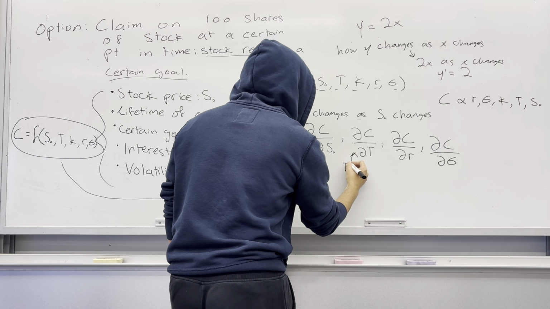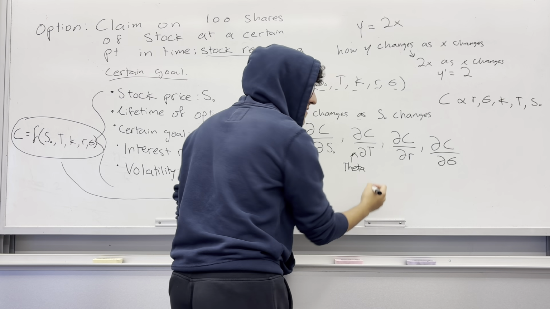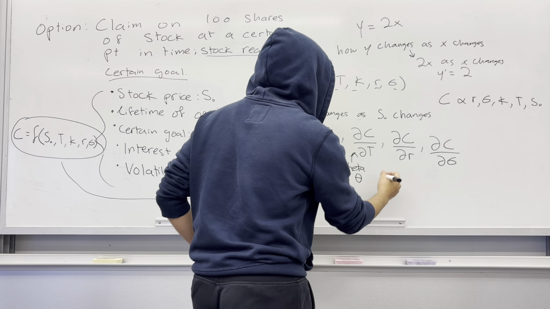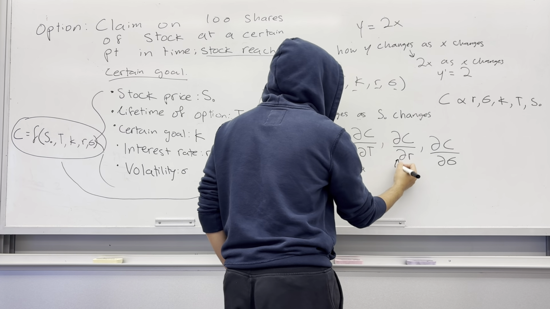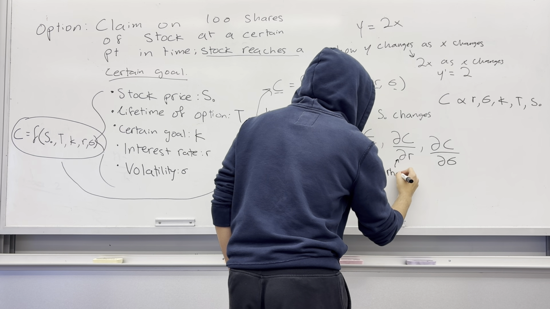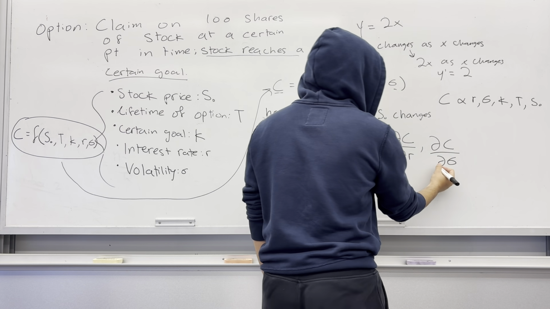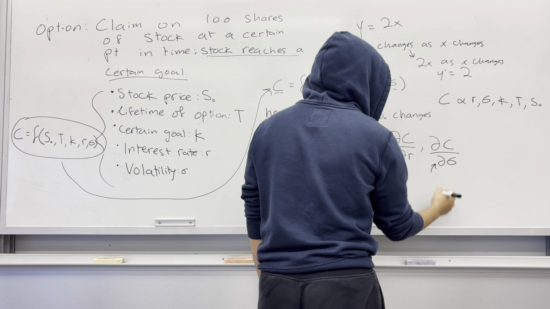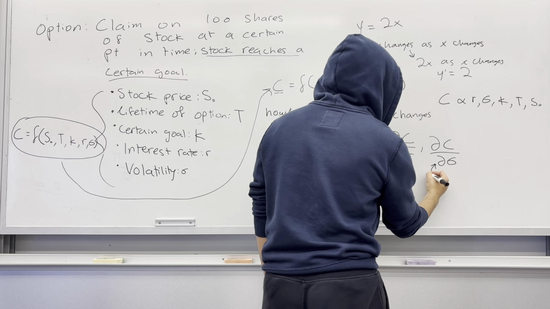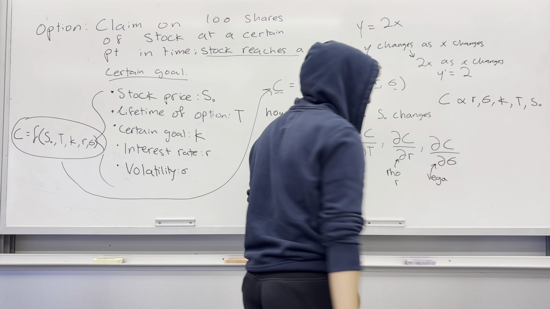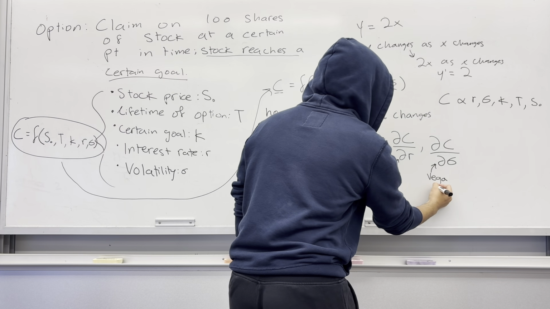But this is theta. I don't know if you've heard of theta decay. This is called rho, R-H-O. This is not really important. This is called vega.